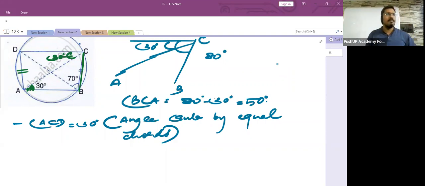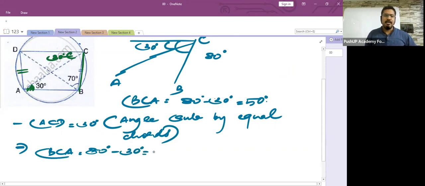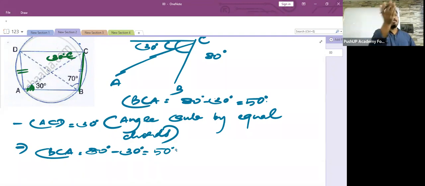So this implies angle BCA is equal to the whole of 80 degree minus this 30 degree. That is equal to 50 degrees. No need to mention any reason because it is understood. The whole of the angle was 80, out of which you are just subtracting the other portion 30 degree. So the balance portion is what? 50 degrees. All right. I hope there is no doubt.